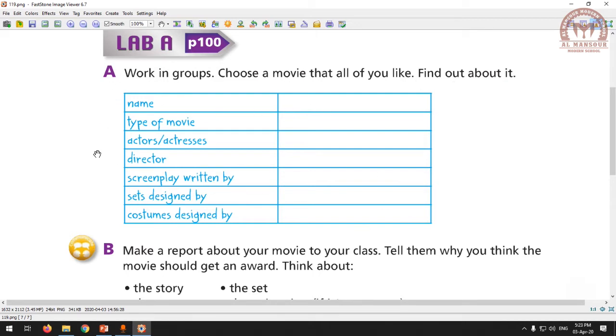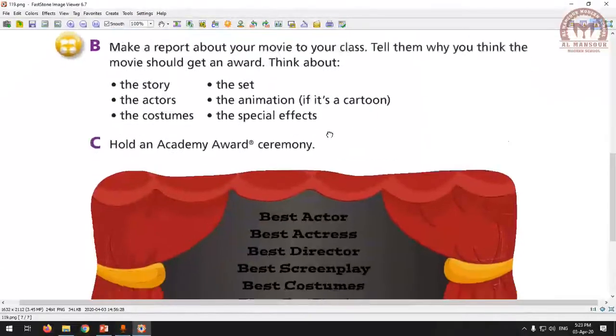Okay. So you can do this individually if you want, unless you have a friend you can contact and you can agree to do the same movie together. And you can research the movie on the internet, like the name, the type of movie, the actors and actresses, the director, and the screenplay written and designed by whom, and so on. Okay?